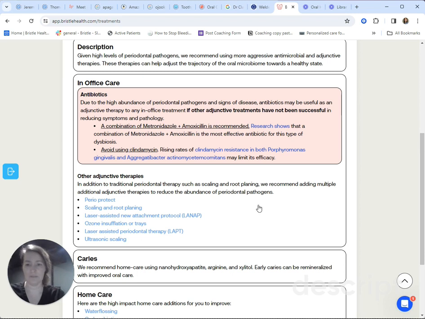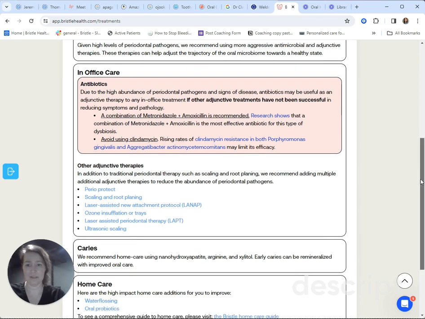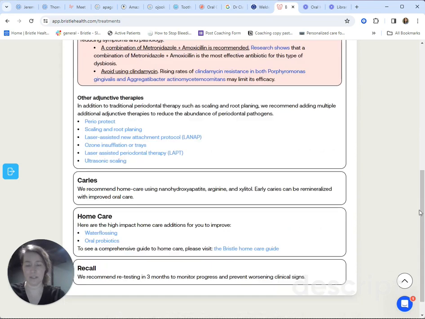There are some adjunctive therapies in this as well, perio trays, of course, implementing your scaling and root planing, possibly doing LANAP, laser-assisted new attachment protocol. If you're in a more functional-based office, possibly doing some ozone insufflation or ozone trays and laser-assisted perio therapy. So you would implement your home care regimen as well.